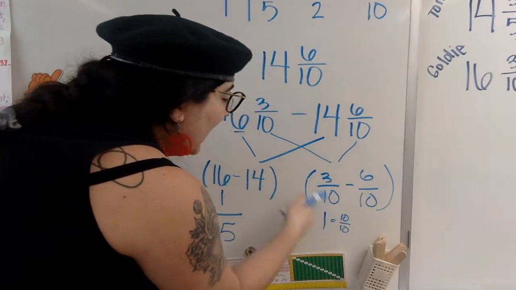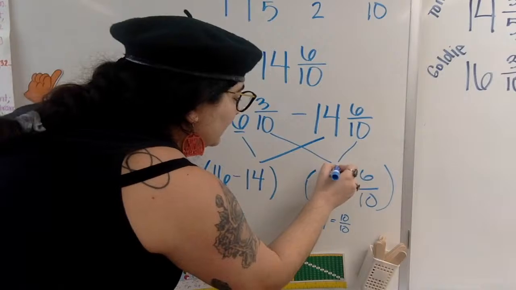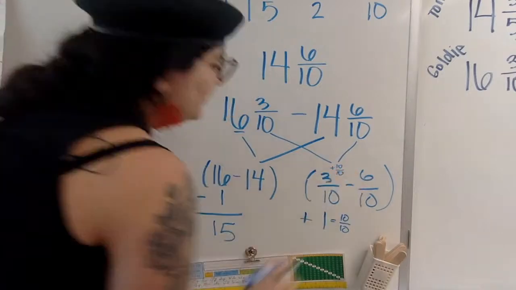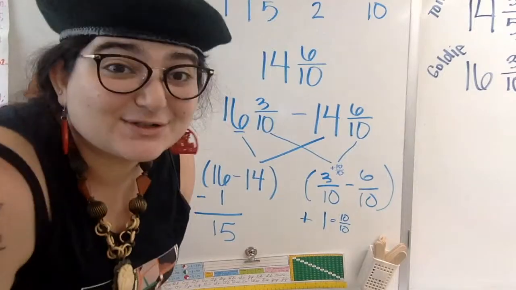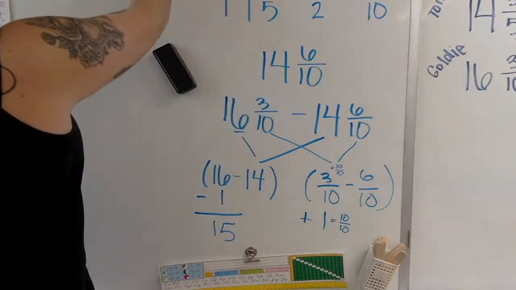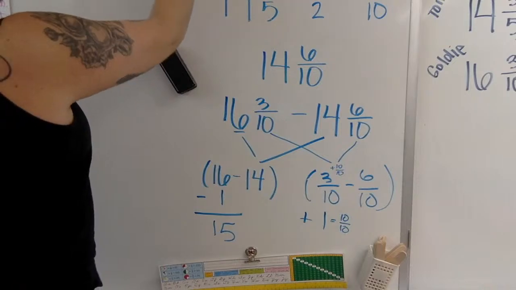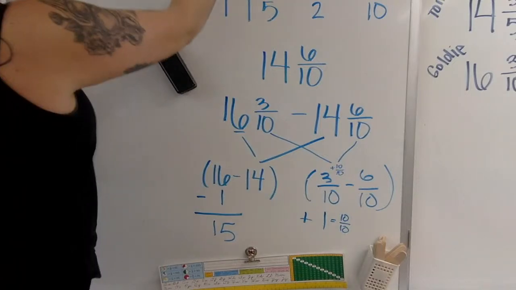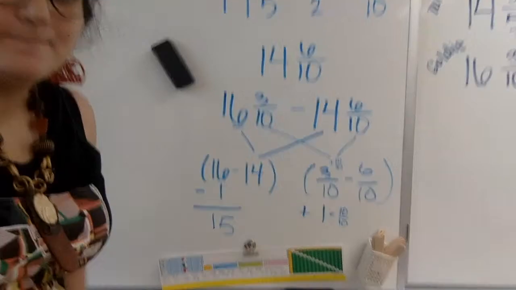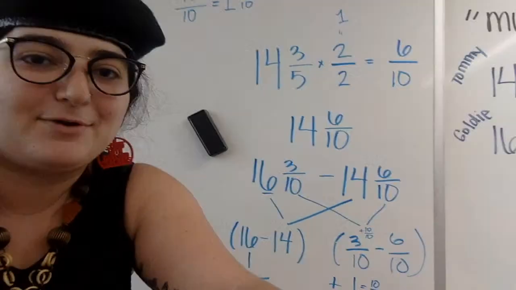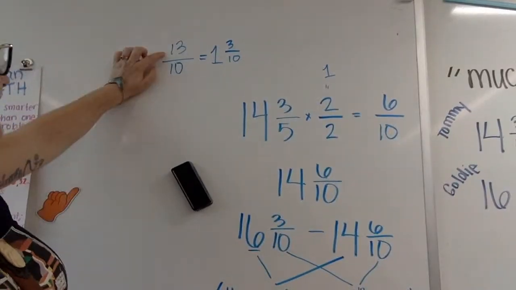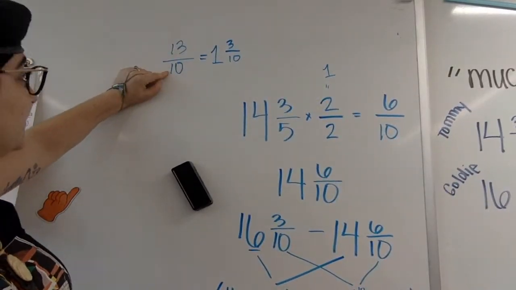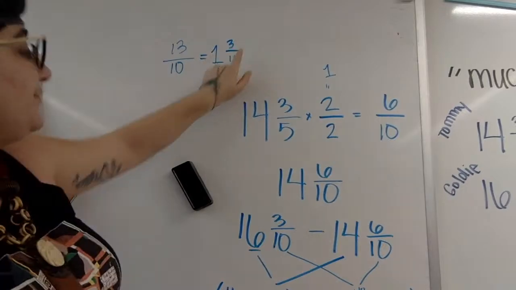So if I add 3/10 plus 10/10, what's that going to give me? 13/10, right? 13/10 is equivalent to 1 3/10, yeah? Can't see that. I wrote a little sneaky note up here for myself, right? I know that 13 over 10 is the same as 1 3/10.